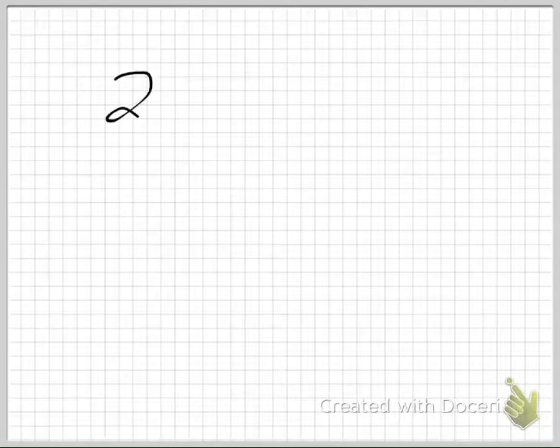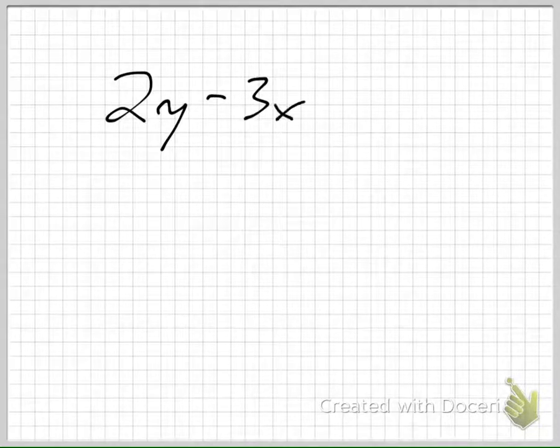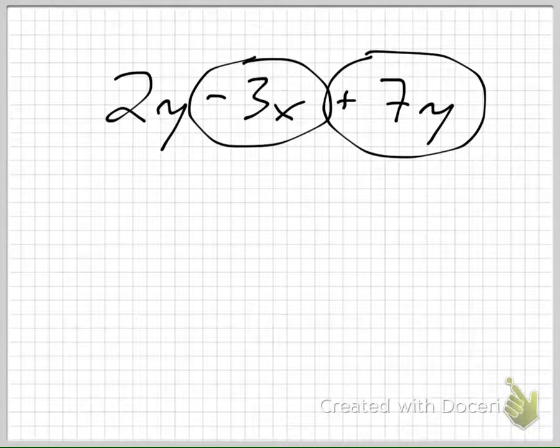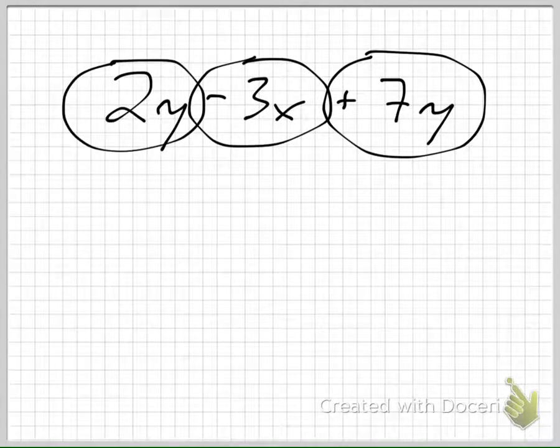If I have 2y minus 3x plus 7y, you got to go grab each term, right? I want each term to have its own sign. The front one you don't have to do because there's just an invisible plus sign there.